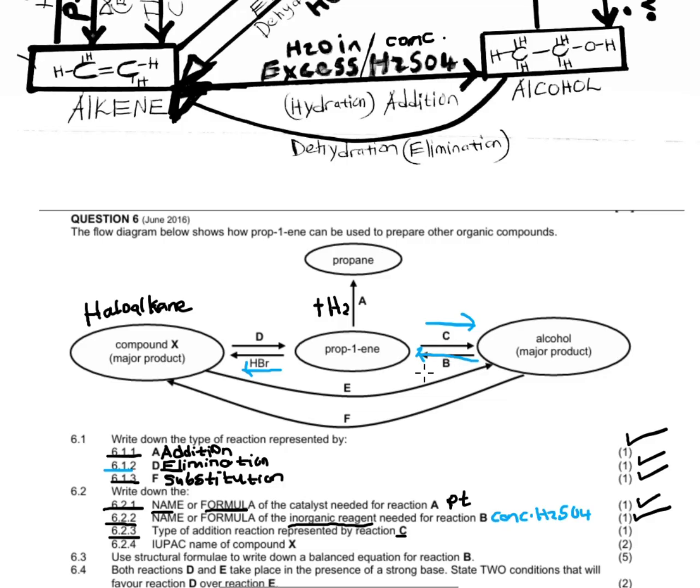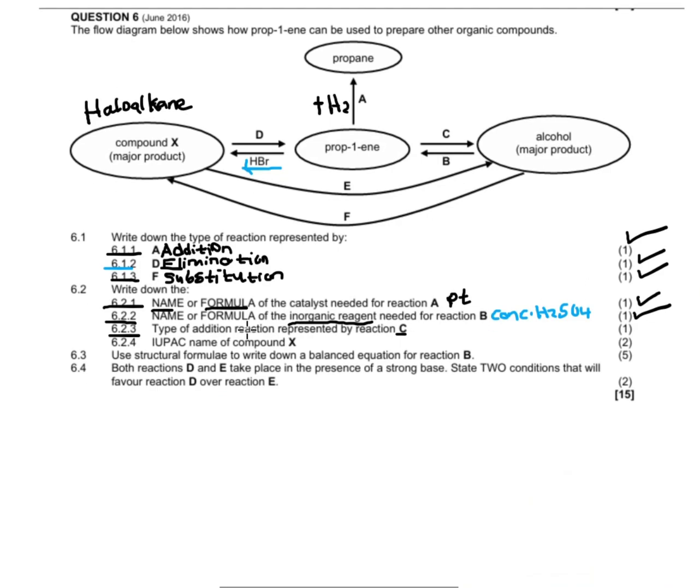So B is dehydration, but C is what? Hydration. From alkene to an alcohol, it's going to be hydration, but when I go backwards, it's going to be dehydration. So forward is hydration. So what is happening at C is hydration. Now they want you to be specific.